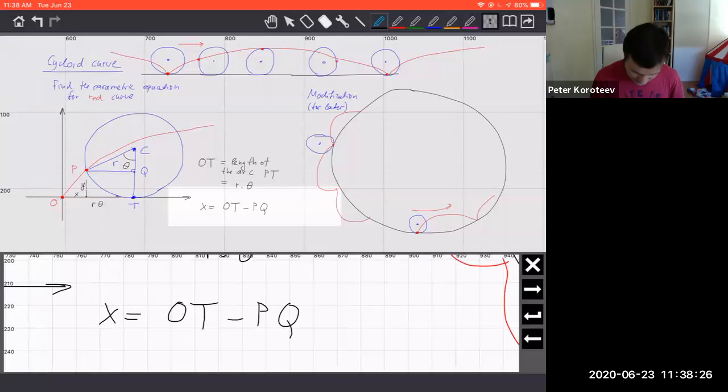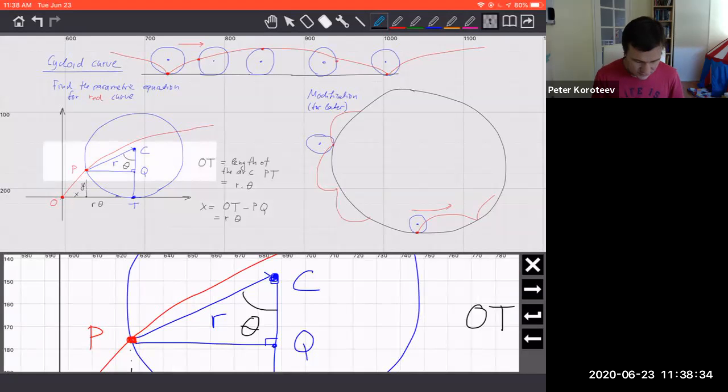I hope everybody is okay with the formula for x. So that is equal to r times theta. And PQ, we can find from this right triangle. What is PQ equal to? R times sine theta, that's right.